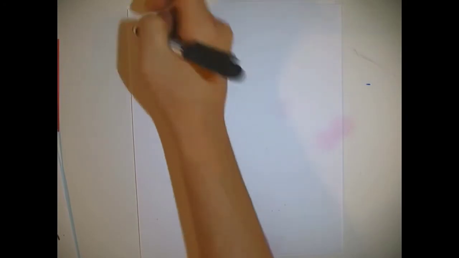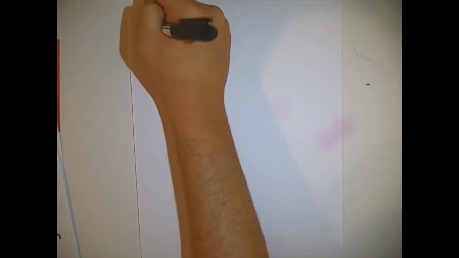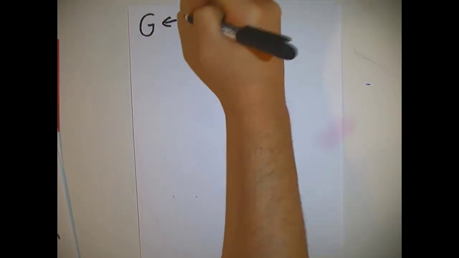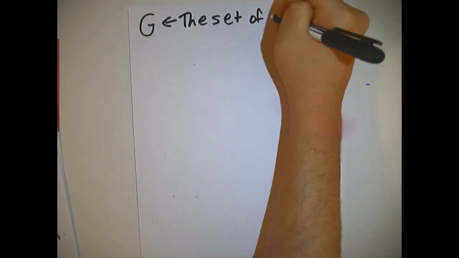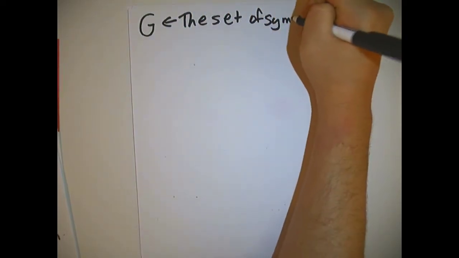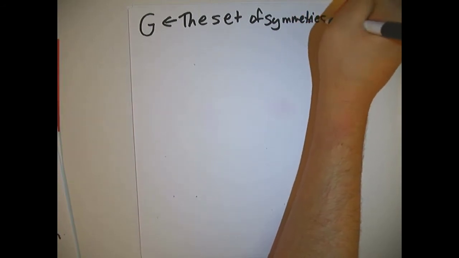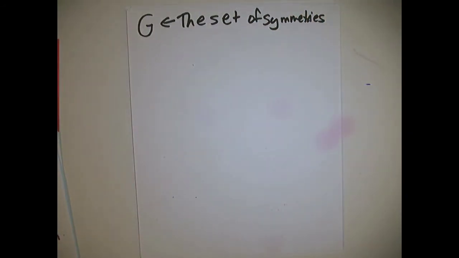We're going to give a name to the set of all the symmetries, and I'm calling it big G because this set forms a group, although we don't need to know anything about groups to understand what the theorem says.